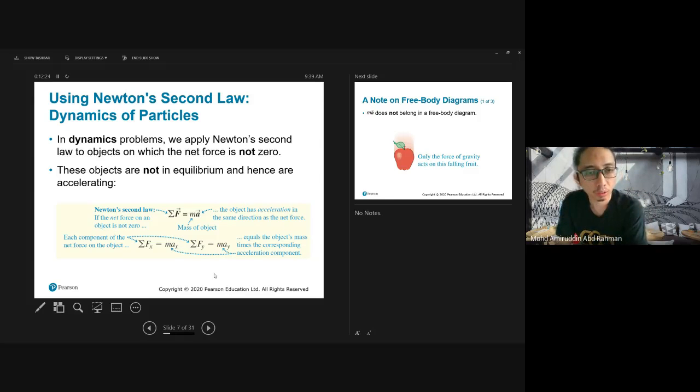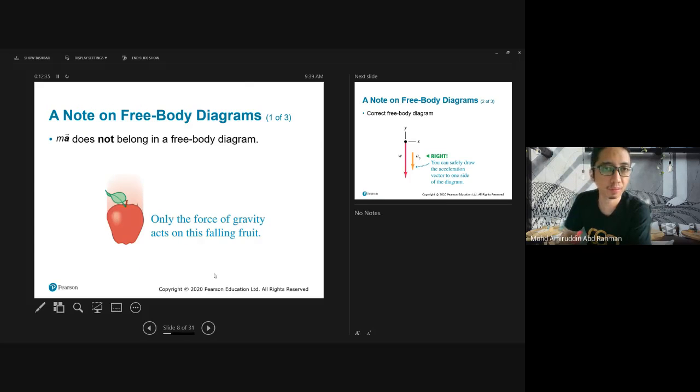So equivalently, we have the summation of Fx equals max and the summation of Fy equals may. The acceleration does not belong in the free body diagram. Only the force of gravity acts on this falling fruit.